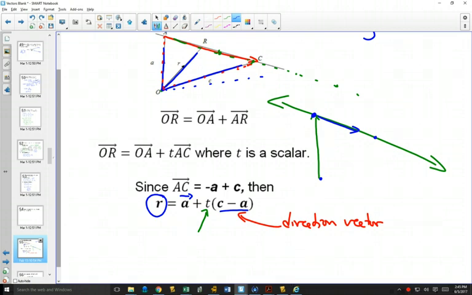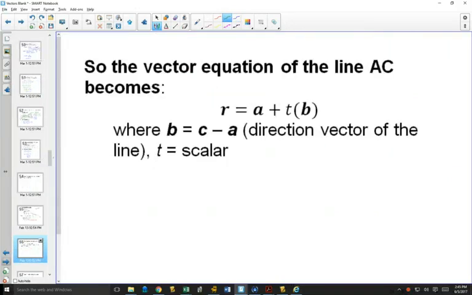So once you're on the line and know the direction that line is going, you can get to any point by just going in that direction a certain distance. And this works for 2 dimensions or 3 dimensions. So we rewrite this with A, any vector on our line, B, that's your direction vector that you're going, and then that finds any point or any vector that would be on that line.